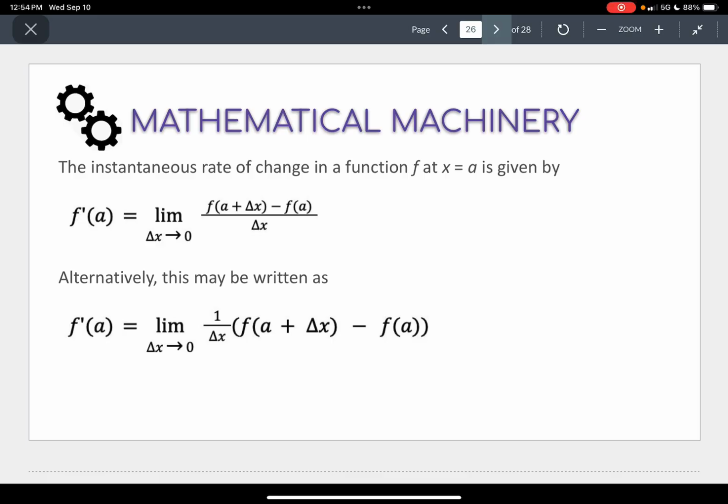Alternatively, this could be written as f prime of a equals the limit as delta x approaches 0 of 1 over delta x times the quantity f of a plus delta x minus f of a. This form of writing it helps us visualize that we're actually scaling that vertical change such that it'll be the vertical change that corresponds with a 1 unit change in the horizontal variable, whatever that independent variable is. But both forms are useful.